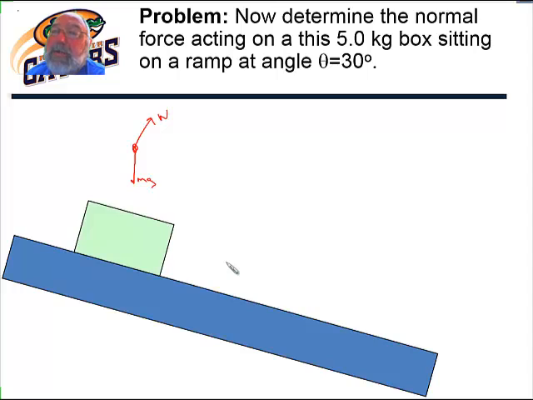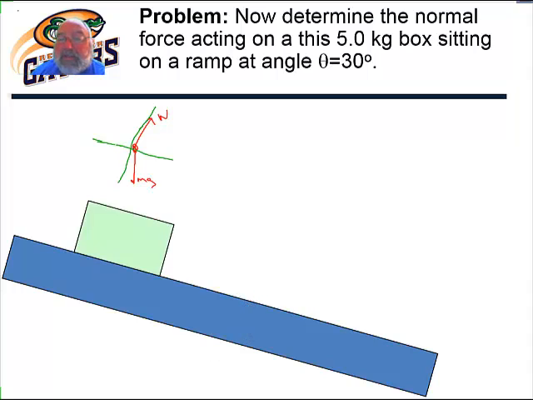It doesn't have components in both directions. So I'm going to make my coordinate axis so that the normal lies along the y-axis and the inclined plane provides us with our x-axis.